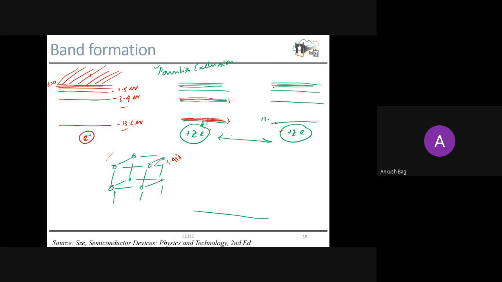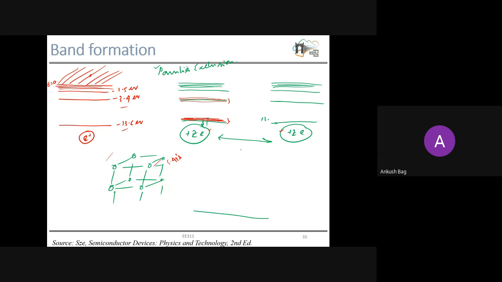Just for your information, one interesting thing about Pauli's exclusion principle: when does it start? That means, what will be the distance between two atoms when we need to consider Pauli's exclusion principle, and when the energy levels are getting converted to an energy band?